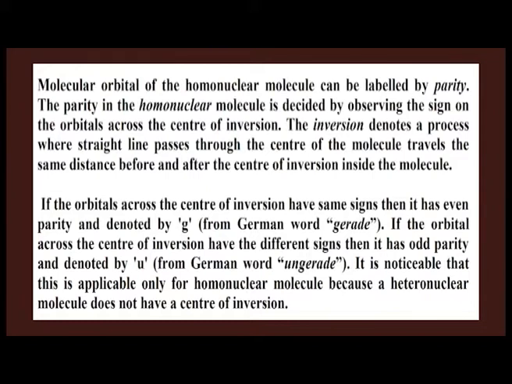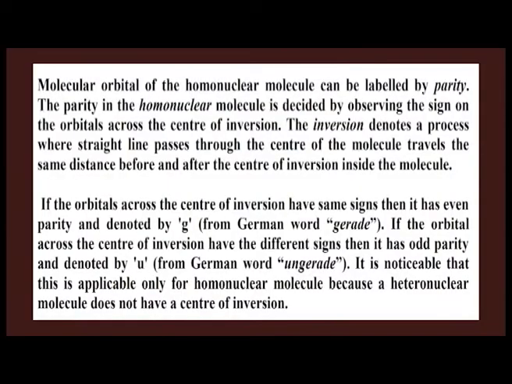The parity in a homonuclear molecule is decided by observing the sign of the orbital across the center of inversion. Inversion denotes a process where a straight line passes through the center of the molecule, travels the same distance before and after the center of inversion inside the molecule, and gets an identical arrangement.